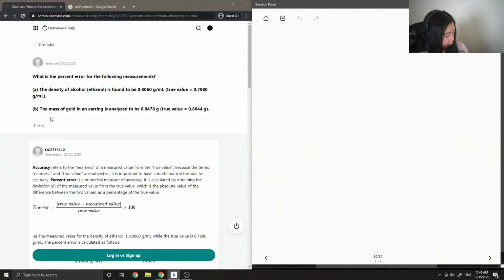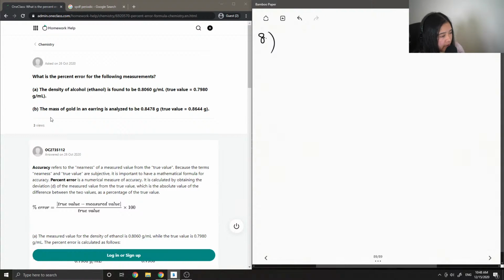Okay, so moving on to question number 8. What is the percent error of the following measurements? A, the density of alcohol is found to be 0.8060 grams per milliliter.